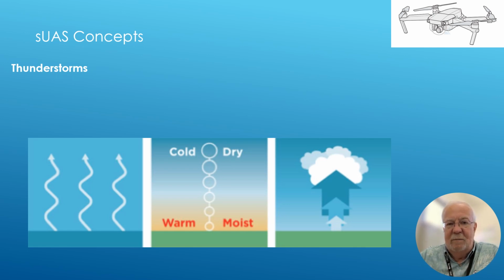You also have to have atmospheric instability. Remember, we talked about that when warm air rises. So if you have warm air underneath and cooler air above, and the warm air rises up through the cooler air, there's going to be some atmospheric instability. And then you need some kind of lifting force. Lifting force could be a number of things. We'll talk about that in a second. But you need those 3 things.